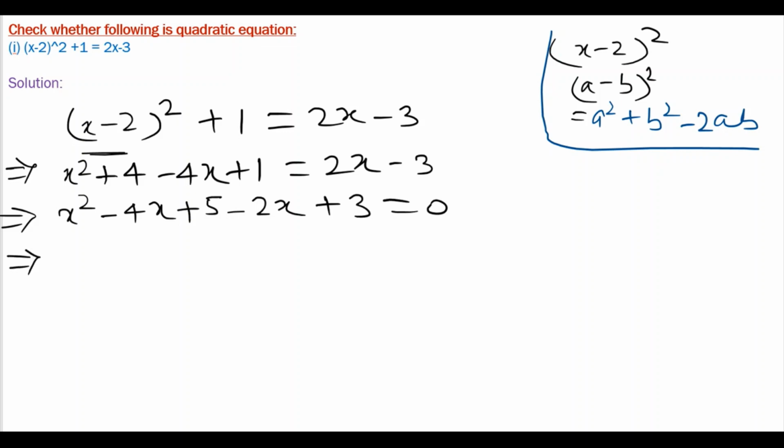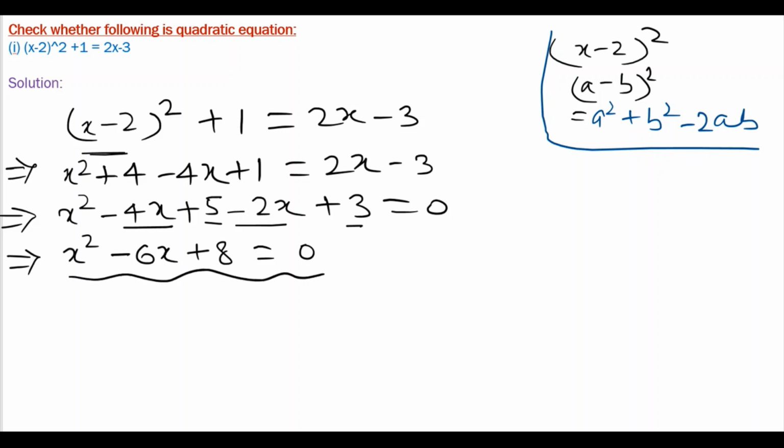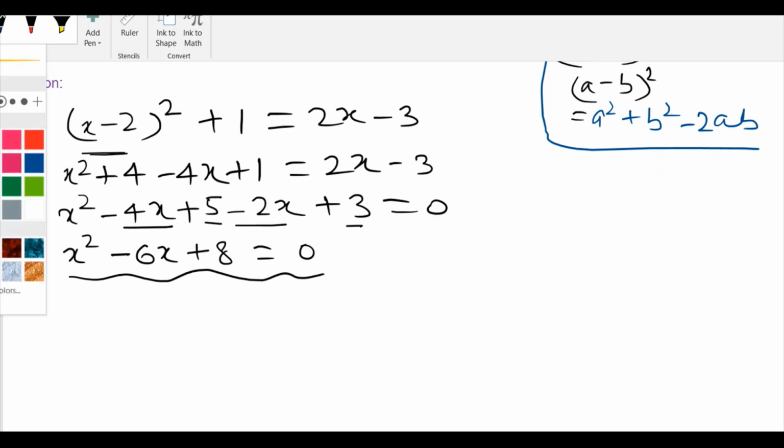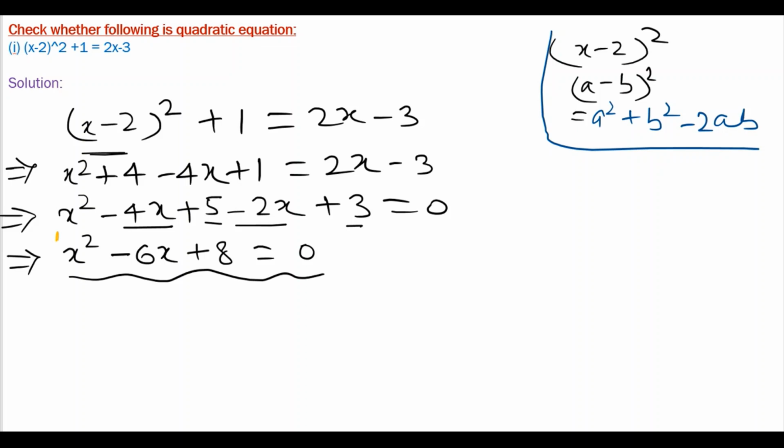So what you see, x square minus 4x minus 2x, minus 6x, right, 5 plus 3, plus 8 is equal to 0. So what do you see? Is this in the quadratic equation form? It is, right? So let's highlight this. We see that after solving this equation, we get a quadratic equation.